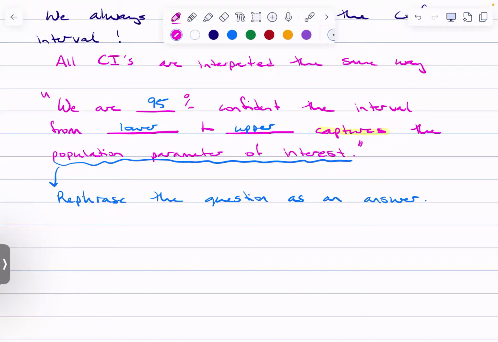Memorize it, do whatever you need to do, but I don't want to see any fancy takes on your interpretation. I would prefer to just see this regurgitated confidence interval interpretation until you feel confident in what you're saying, which is okay, even for the final exam. It's going to take a lot of time.